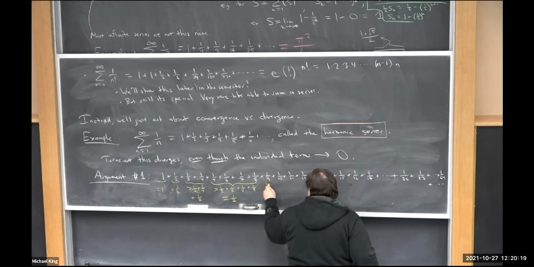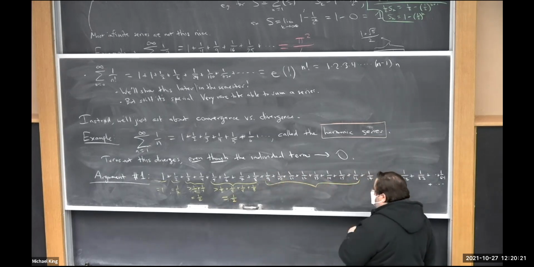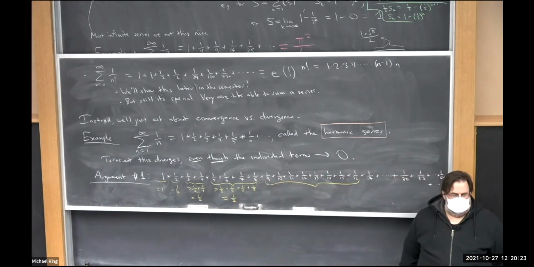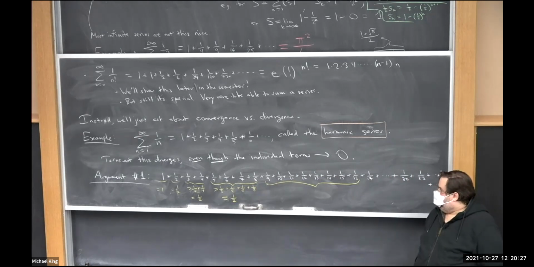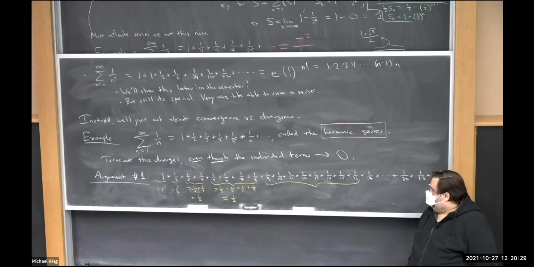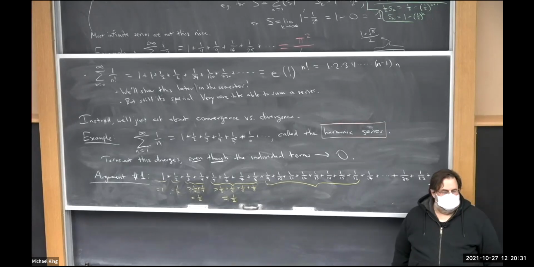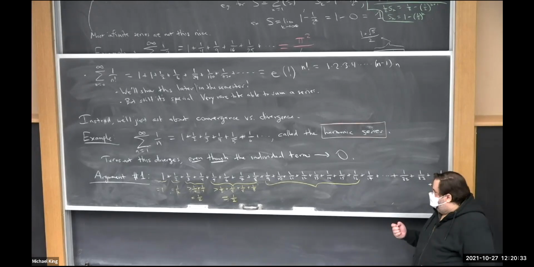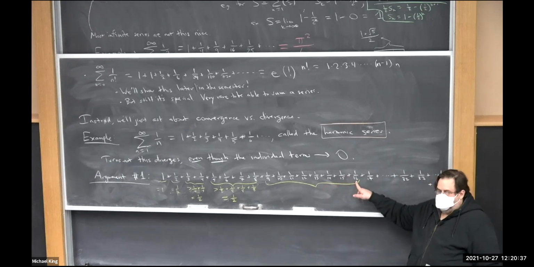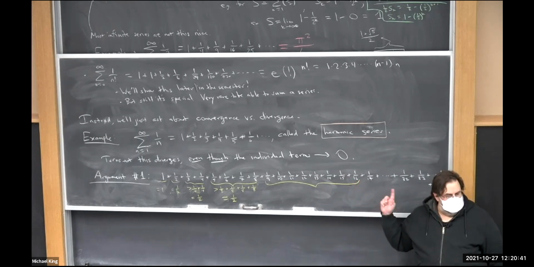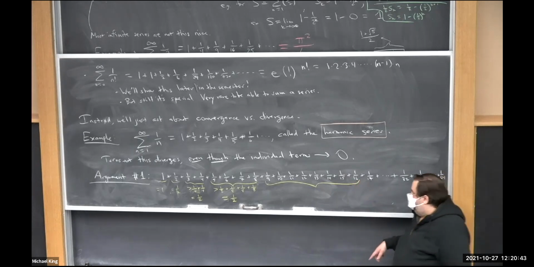Now let me do 9 through 16. What are each of these greater than or equal to? Well, the whole thing's gonna add up to a half, but what is each individual term? The smallest one is this one, right? So each individual term is bigger than or equal to a 16th.